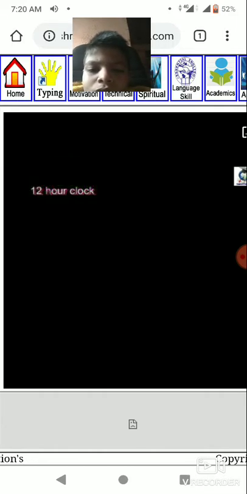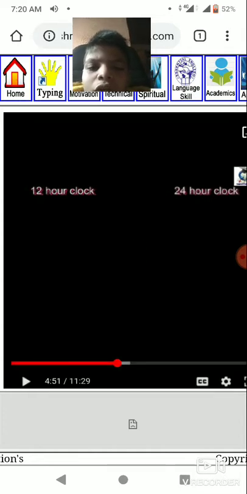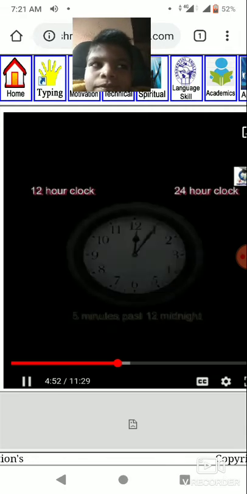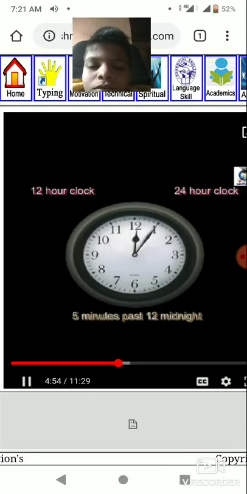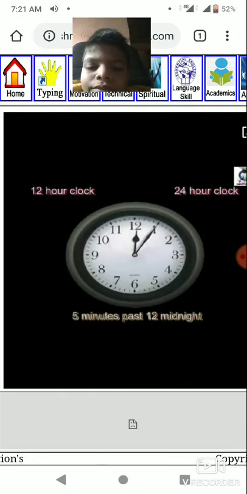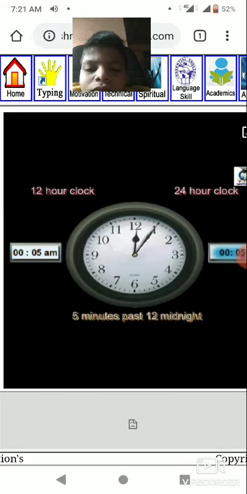So now we'll compare 12-hour clock and 24-hour clock. 5 minutes past 12 midnight is shown in 12-hour clock like this: 12:05 a.m. and in 24-hour clock 00:05.